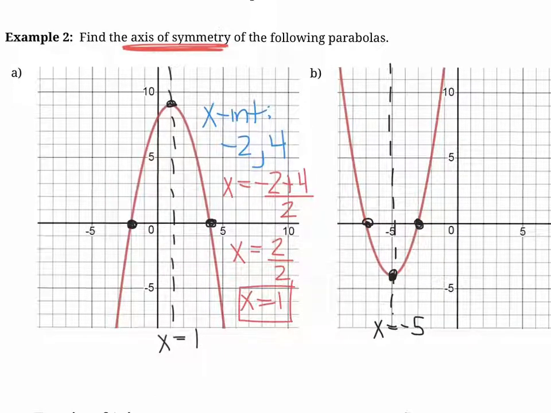So if we add them together, -7 plus -3, and you divide it by 2, it should give us the exact same axis of symmetry that we found visually. Negative 7 minus 3 is negative 10 divided by 2, and x is equal to negative 5. And you can see we found the same axis of symmetry that we found visually.